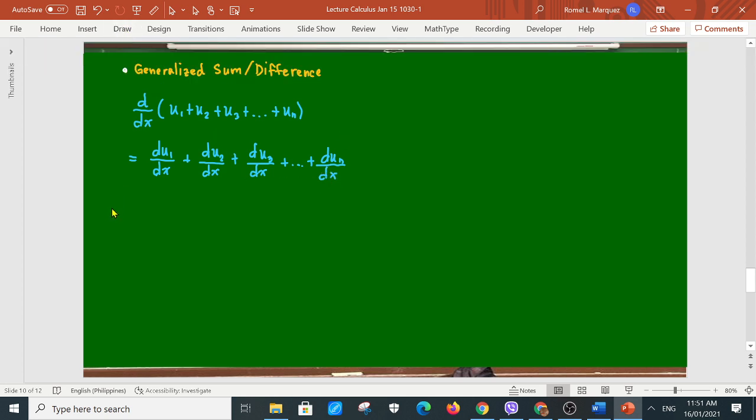Then we have number 6, the derivative of a product of two functions. And of course, it can be extended also.